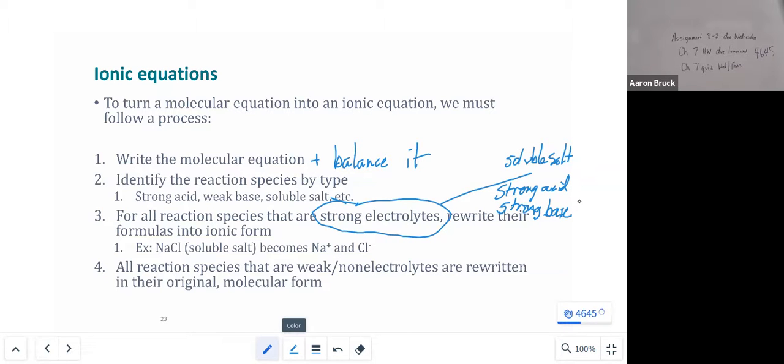If it's in any of the other three remaining categories, weak acid, weak base, insoluble salt, gas, molecular compound, anything that we know doesn't conduct electricity, it's going to stay together in its molecular form.